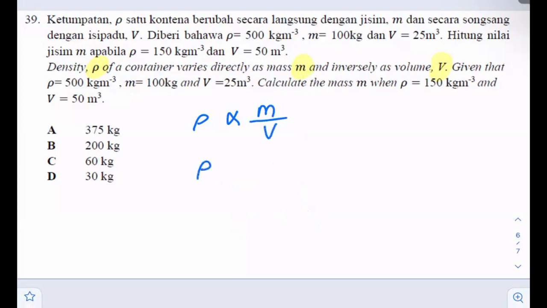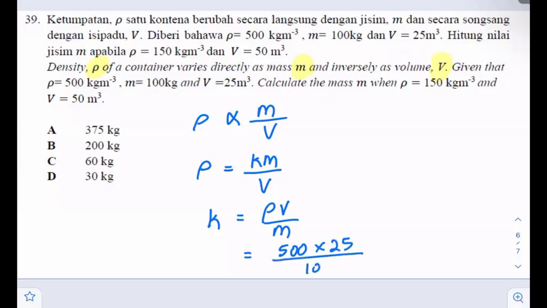And we change the variation sign to equal K. And we now want to find what K is. So it will be rho V divided by M. So put in all the given numbers: rho equals 500 multiplied by volume 25, divided by 125. So K is 125.